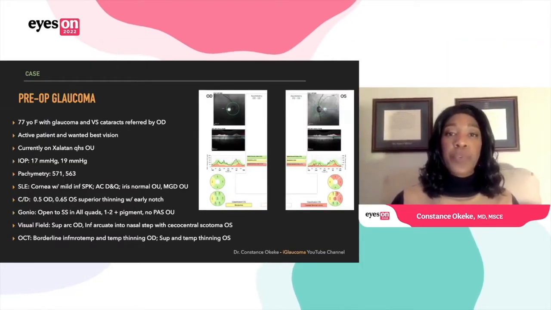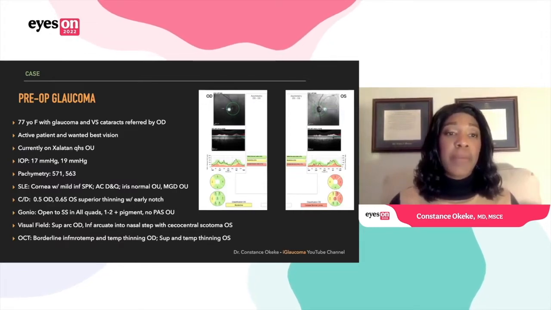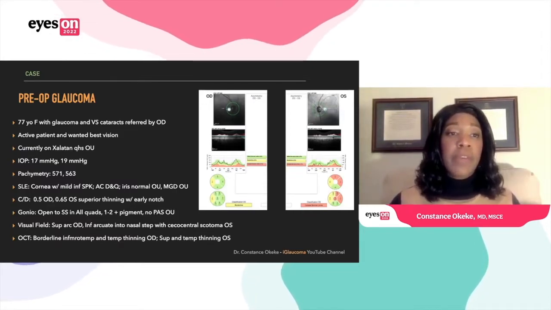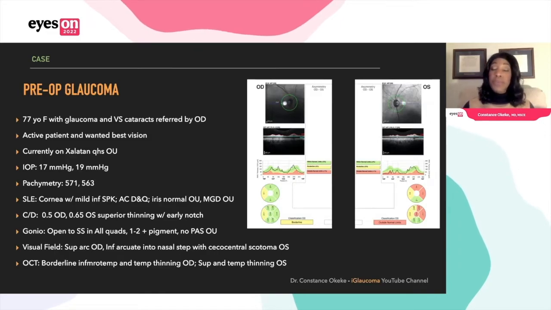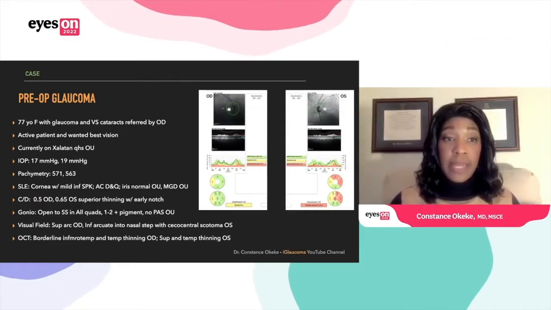Now, I wanted to review a case of a patient who had one of our advanced technology lenses. This is a 77-year-old female who had glaucoma and visually significant cataracts. She was referred to me by her optometrist for an evaluation of cataracts and glaucoma. The patient was very active and wanted the best vision possible with the least dependence on glasses.